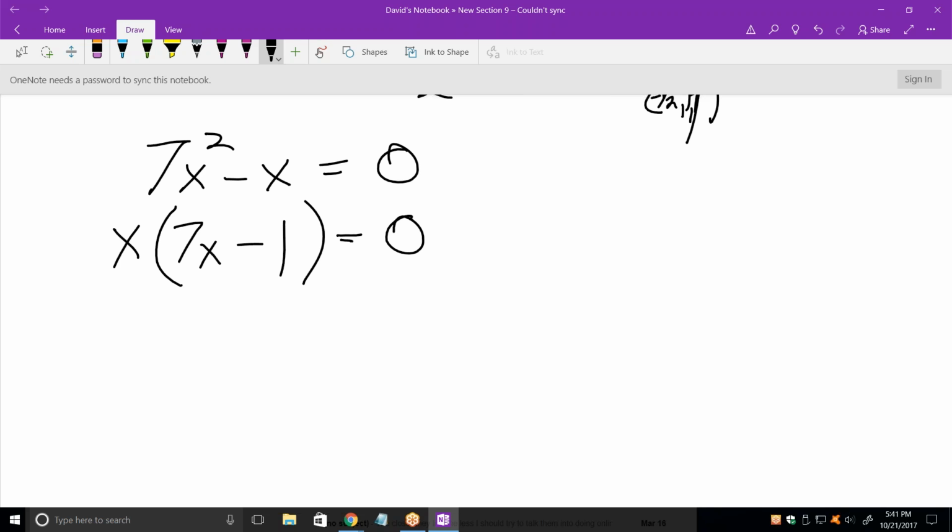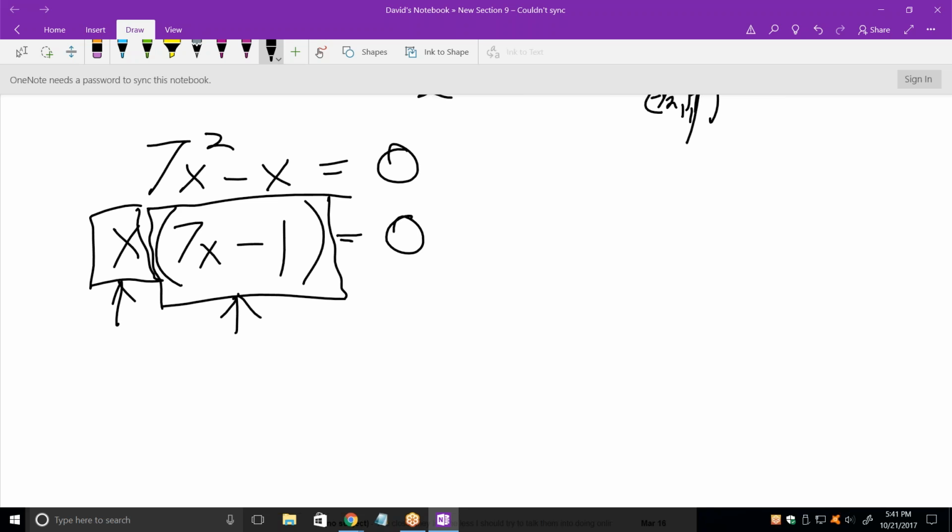This is one thing, and this is the other thing that it is being multiplied by. If I'm multiplying x times this, one of them has to be 0 by definition. So the way I solve it is I let both of them be 0, and that gives me two answers, just like you did before.